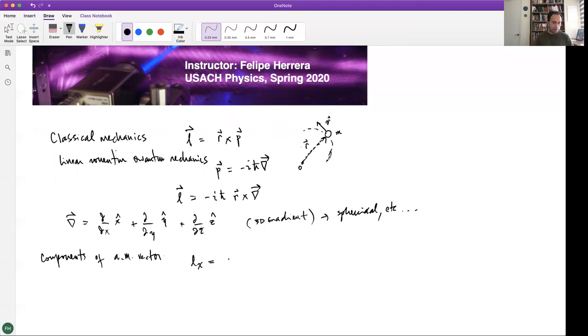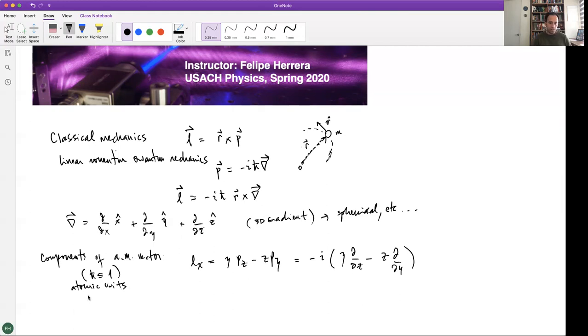Because of the cross product, Lx is going to be y pz minus z py, for instance, and this in turn can be written as y d/dz minus z d/dy, and we have set something called the atomic unit convention, where h bar is equal to 1, and this is atomic units.